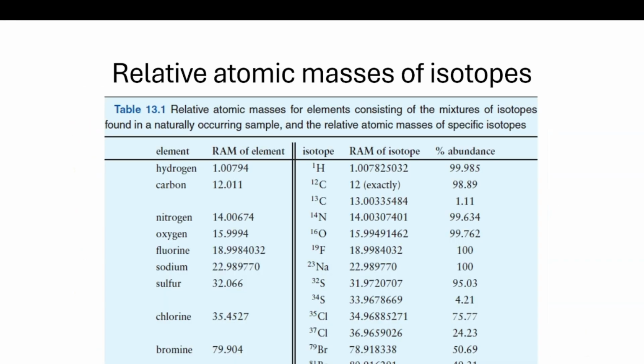Alright. Anyways, here's a table that describes the relative atomic masses of these isotopes. And one important factor that I want you to check out in this table is the percent abundance. You can see that with something like bromine, the 2 isotopes are present in about a 50-50 ratio.